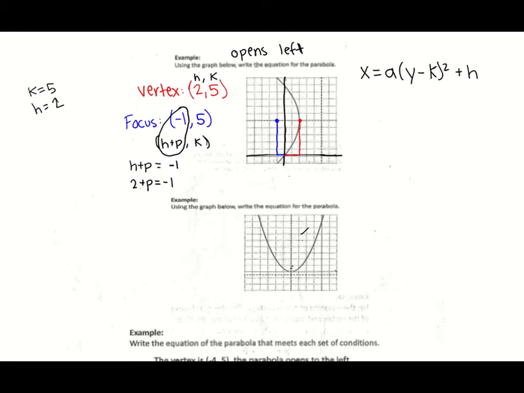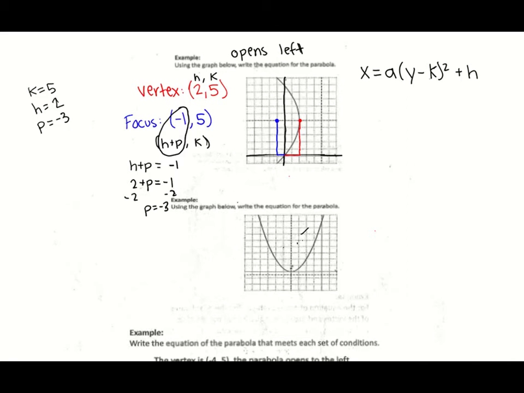Now I can solve for p. If I subtract 2 from both sides, I get p equals negative 3. So I'm going to add that to my list over here: p equals negative 3.